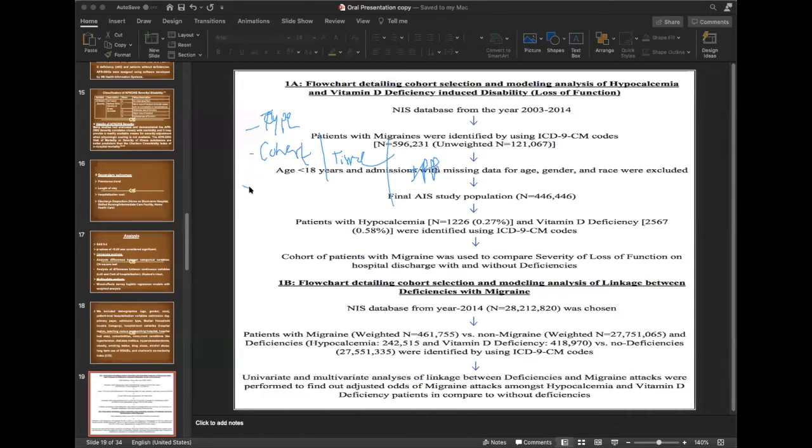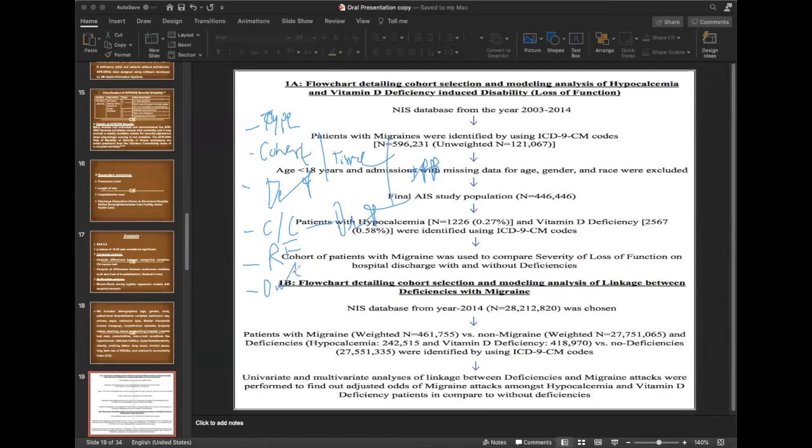Then the third one will be the definition of the cohort. Then what the cases and controls are that you choose, and how you define those cases and controls. Then what risk factors you choose, and how you redefine a risk factor if required.